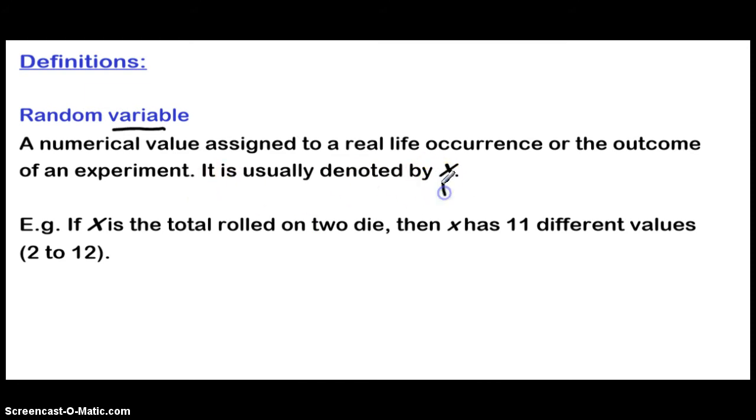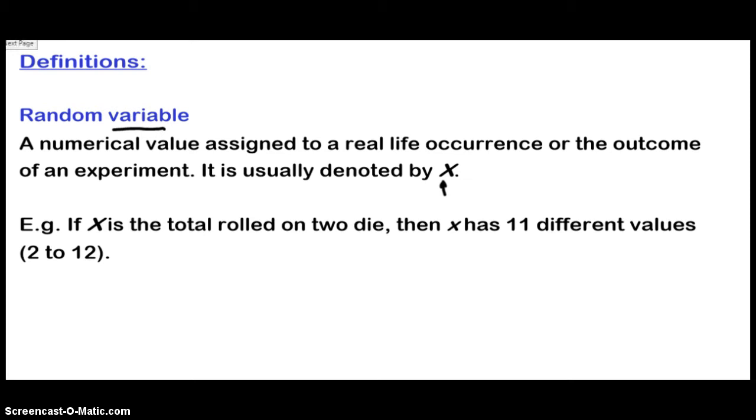We usually denote it by a capital letter X. So for example, in our 2-die experiment, the random variable has 11 possible outcomes, which are 2 to 12. Okay, so make sure you understand what that means.